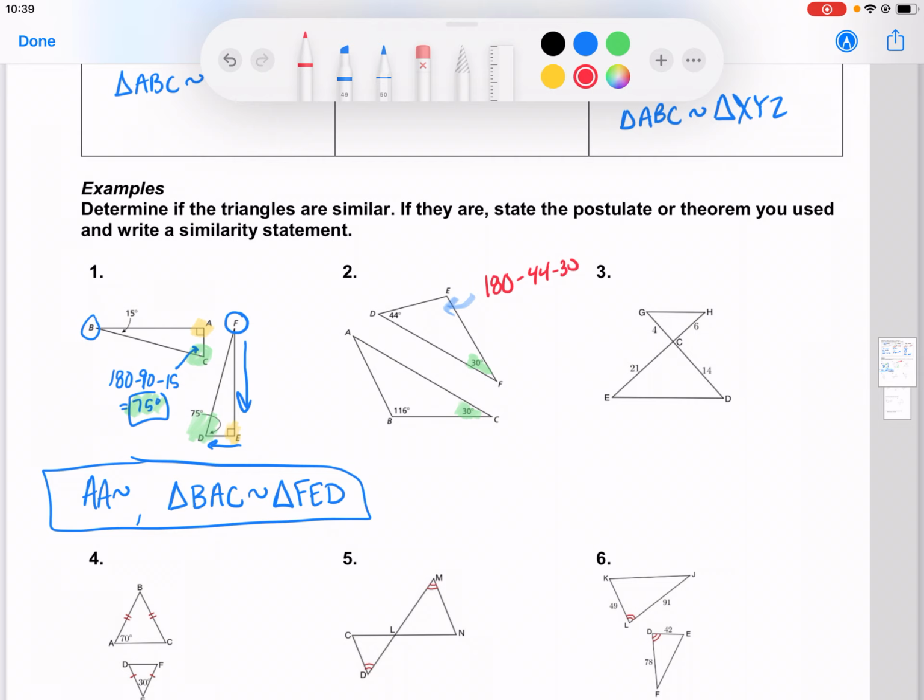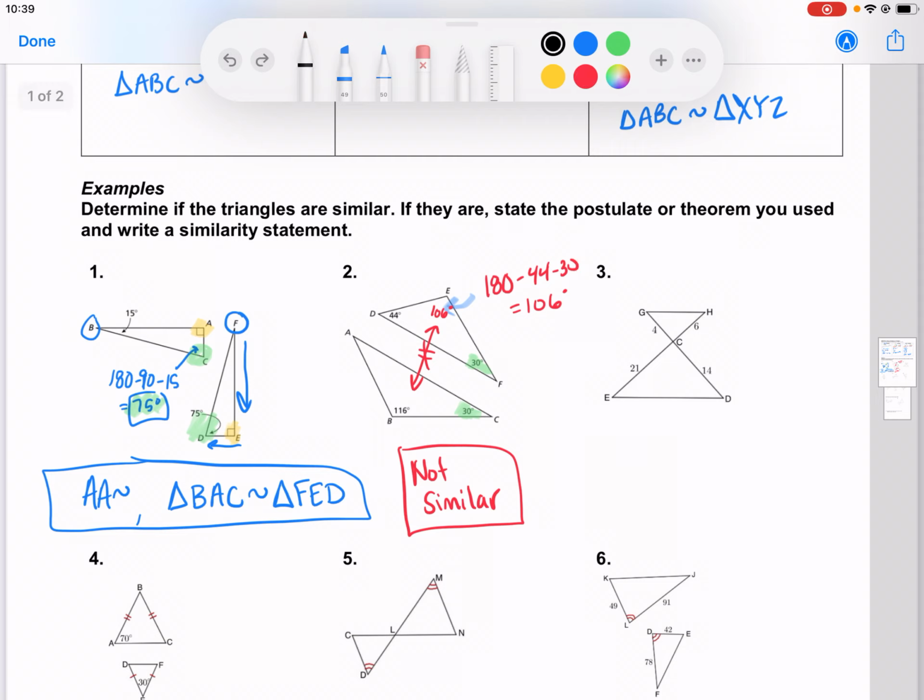So 180 minus 44 minus 30 is 106 degrees. Now notice how those don't match, so they're not equal. That tells us that this is not similar. And we would move on since they're not similar.